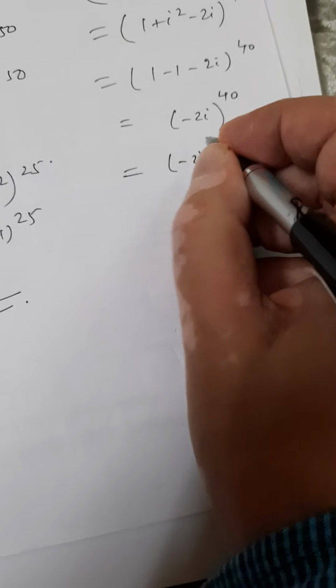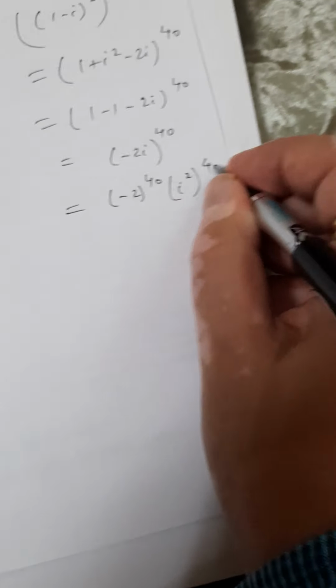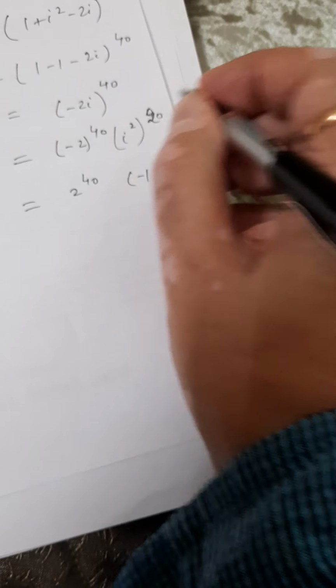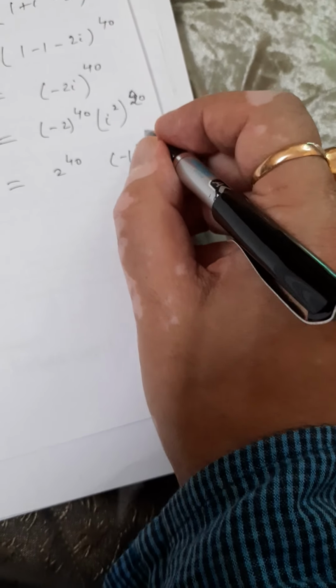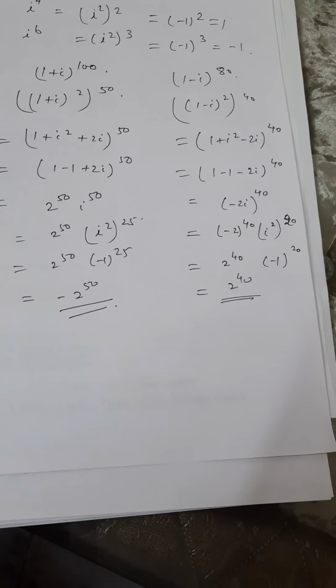This is minus 2 to the power 40 into iota square to the power 40, so this is 2 raised to power 40 into minus 1 to the power 20. That is 2 raised to power 40. So its value is 2 raised to power 40.